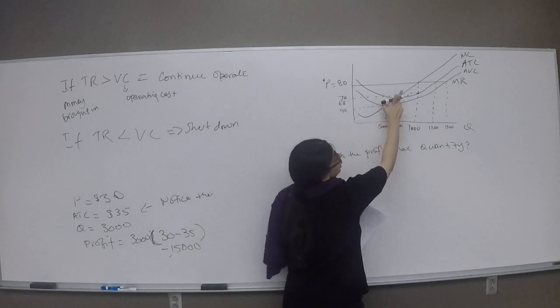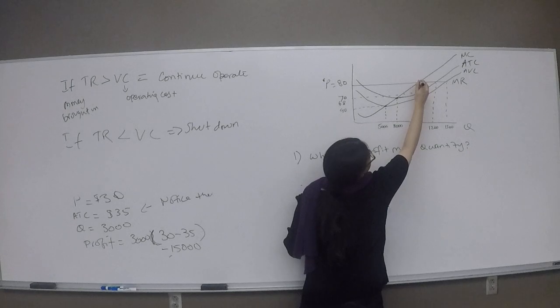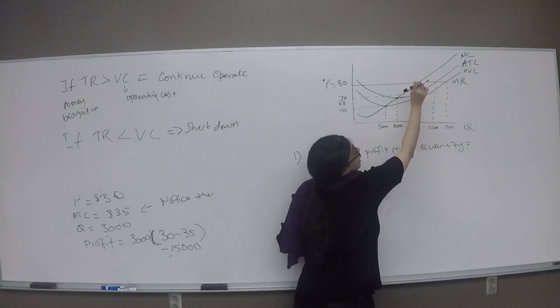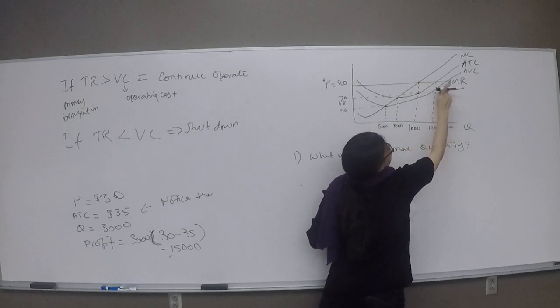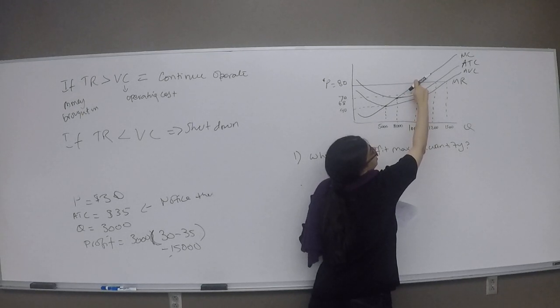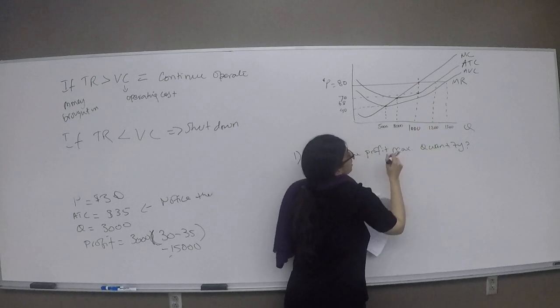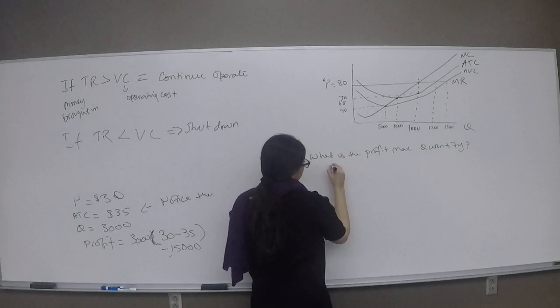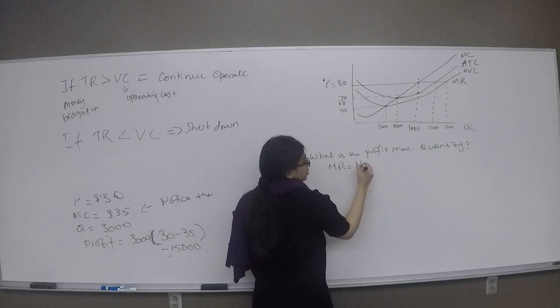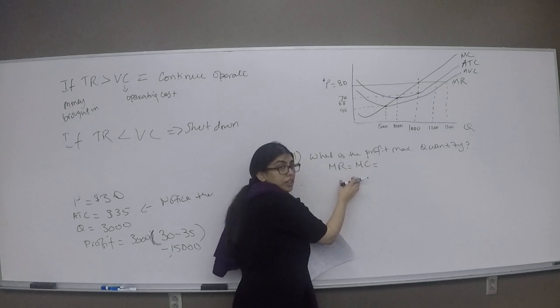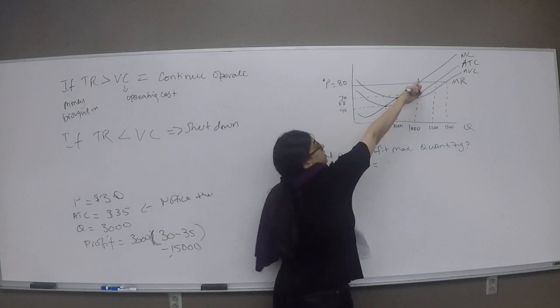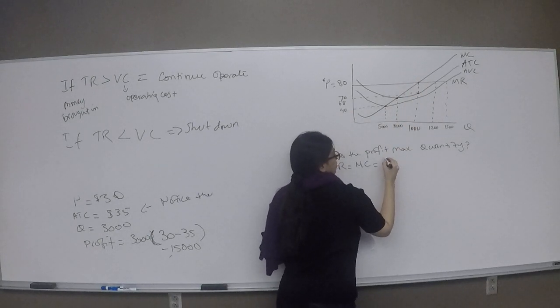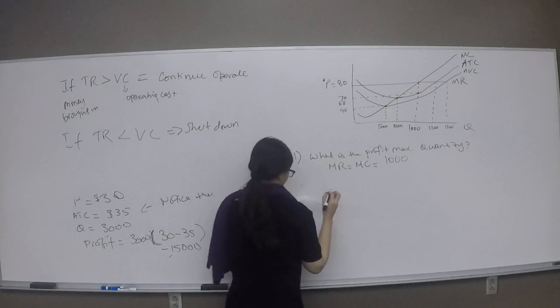Where marginal revenue is equal to marginal cost, where these two curves are intersecting, is the profit maximizing quantity. So 1,000 is the quantity.